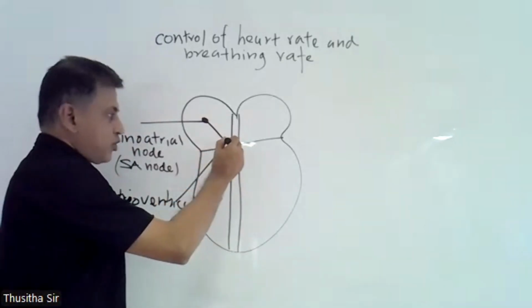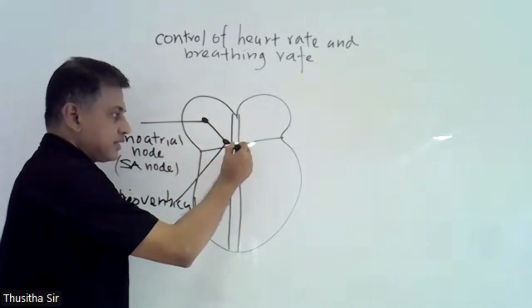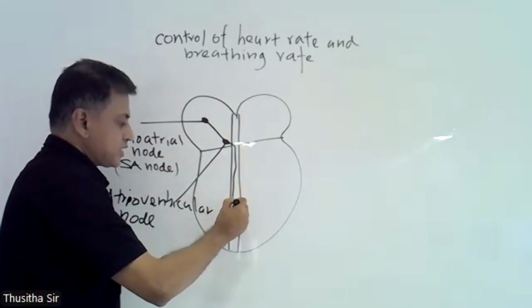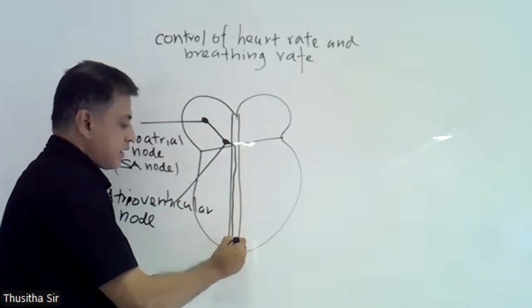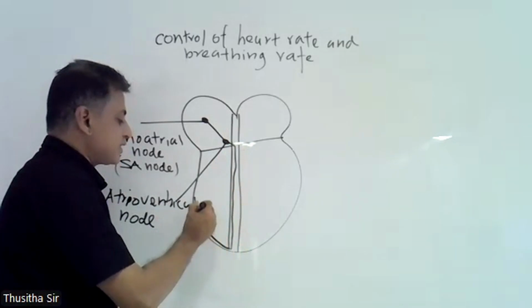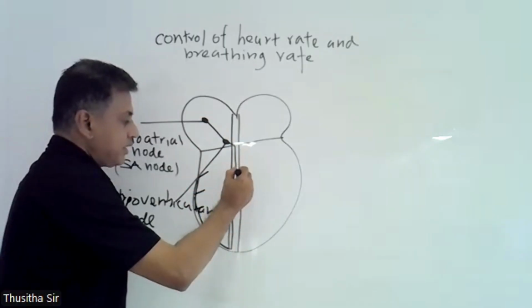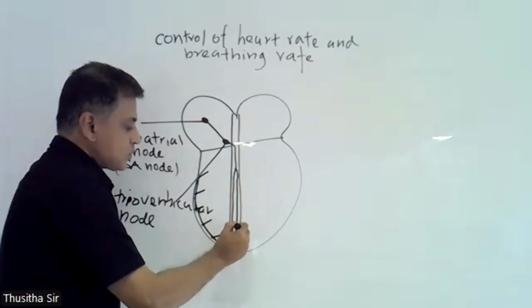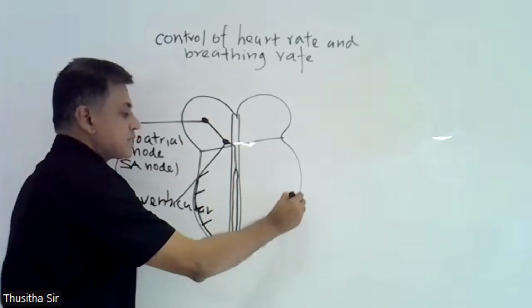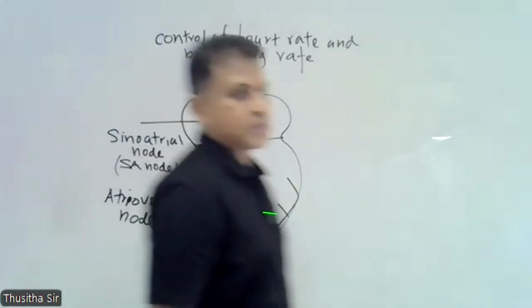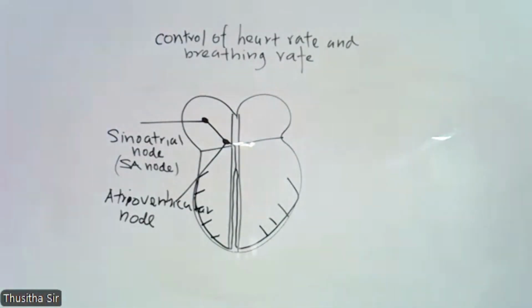From here, there is another connection through the septum. It goes in this direction and then like this, and the other one also goes like this, to the left side. This is the conduction system of the heart.